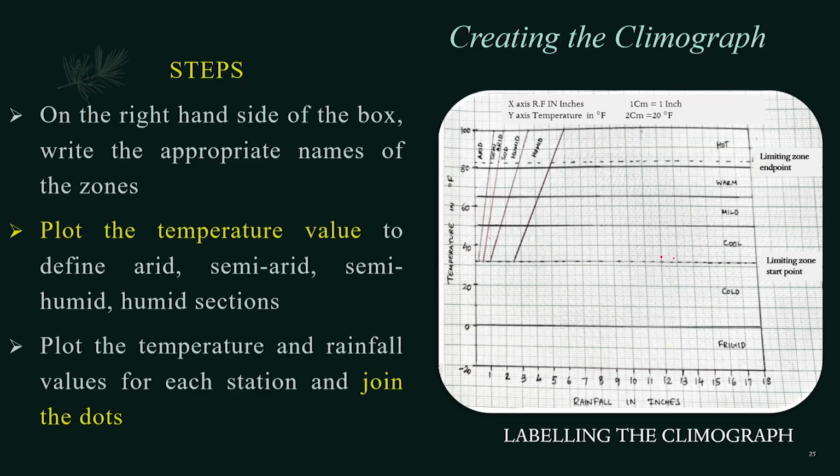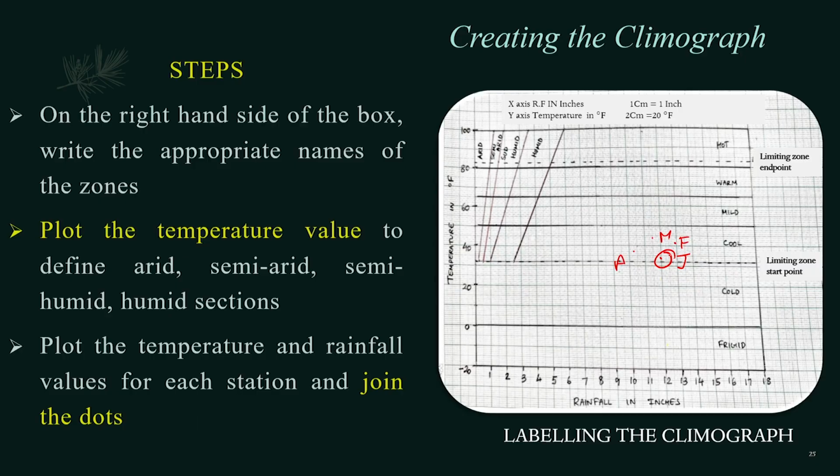So this region can be located as January, and you can plot the values perfectly. Simultaneously you can plot February, March, April, and finally, like we did for Taylor's climograph, we can join all the values.